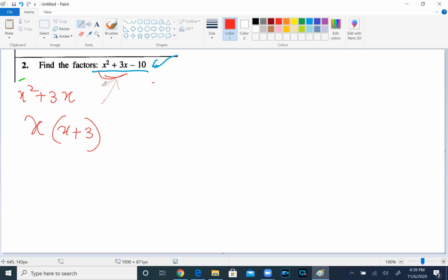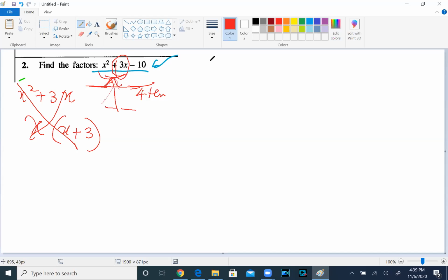But here it is a trinomial expression, so not this. What you have to do is make this into 4 terms. So this 3x should be changed into 2 values, which will make 4 terms.